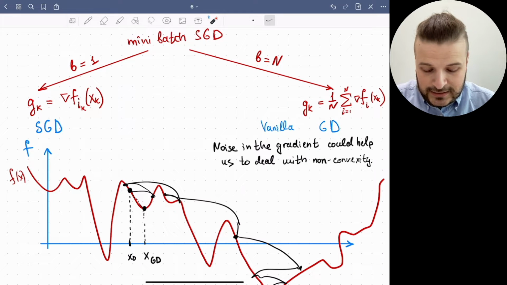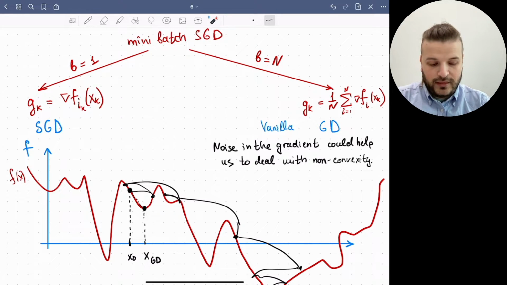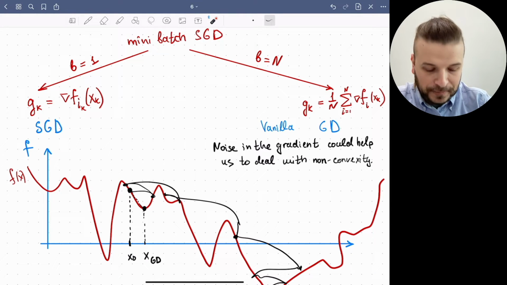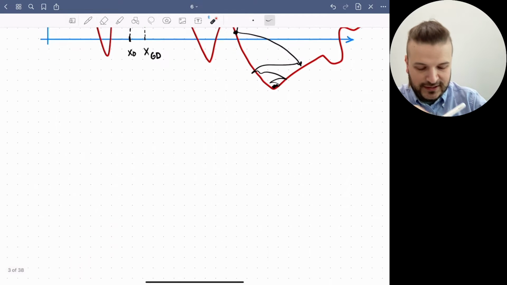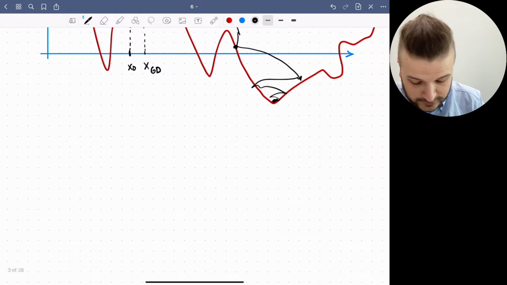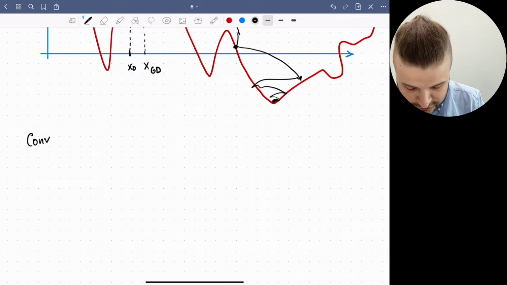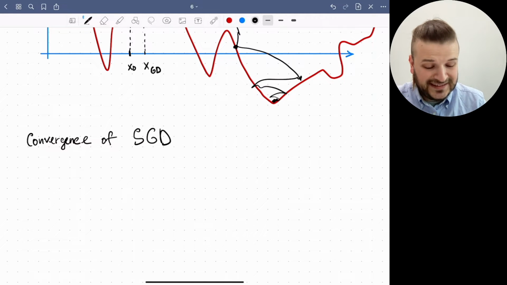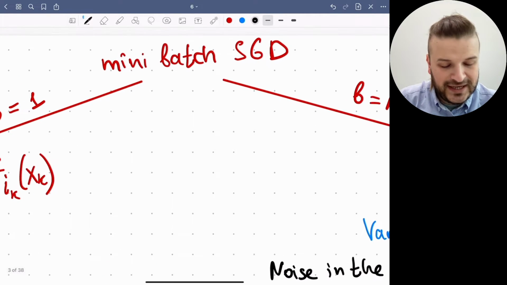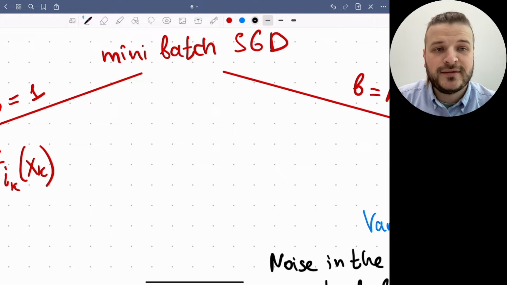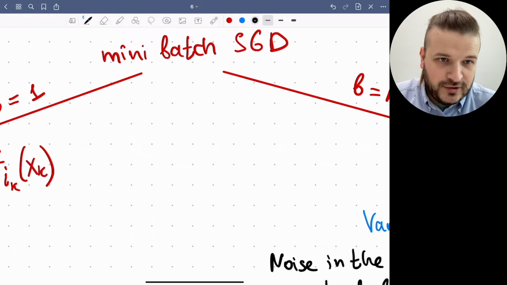That's it. But what about overall complexity here? Let's consider some theoretical results about the convergence of the stochastic gradient descent algorithm. Nowadays, we call mini-batch SGD just SGD.